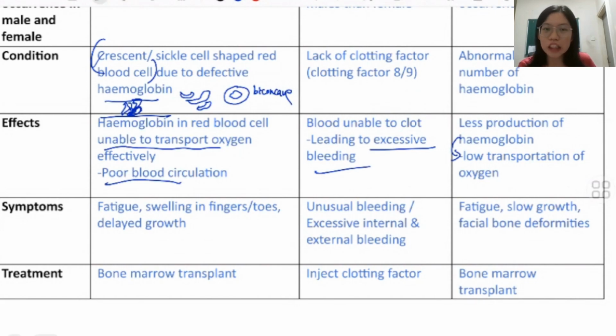So less energy generated, you are very fatigued, tend to get really tired. And there is swelling in fingers and toes, probably because of poor blood circulation, and delayed growth because the transportation of the nutrients is slightly disrupted. Because blood not only carries oxygen, it also carries all the essential nutrients like glucose, right?